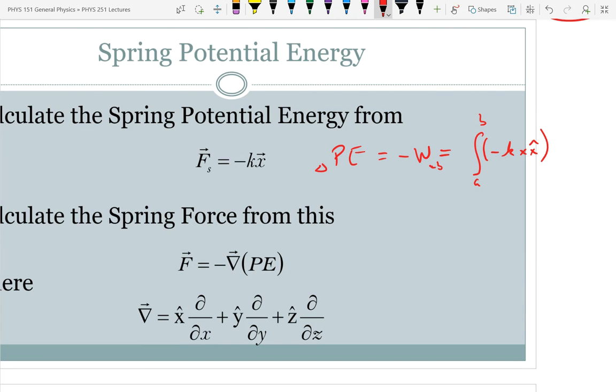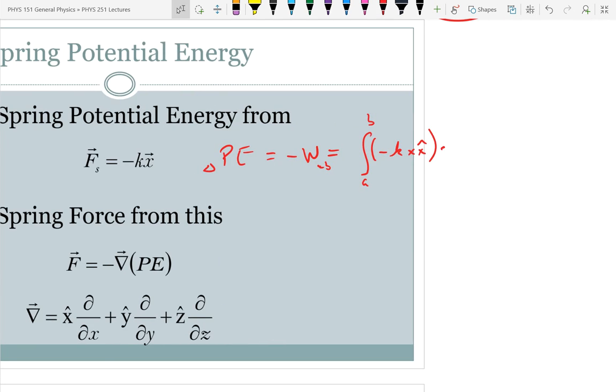So there I wrote it like I did before, kx x hat, to separate the direction from the variable, dotted with my dl in 3 dimensions. dl is going to be x hat dx plus y hat dy plus z hat dz. First, let's do the dot product.